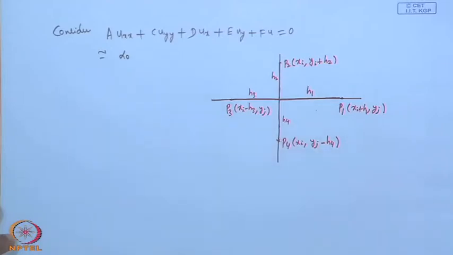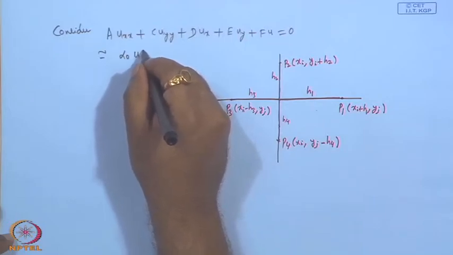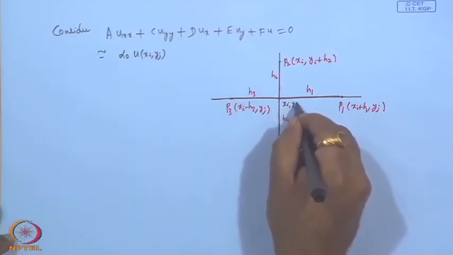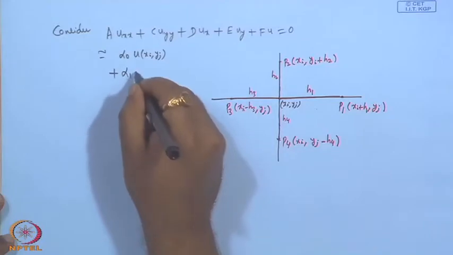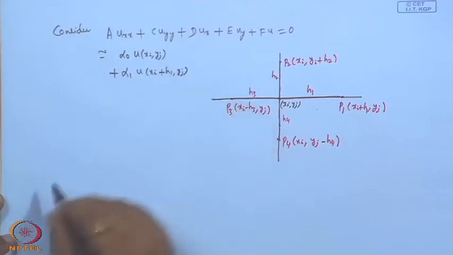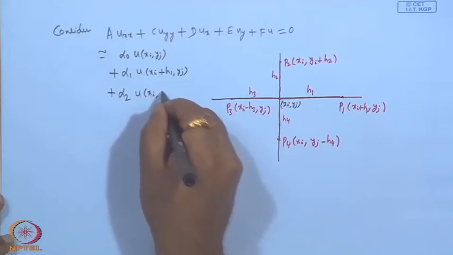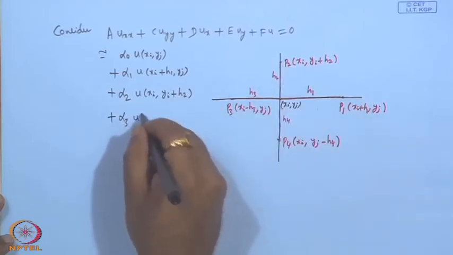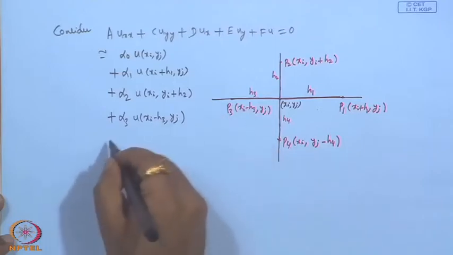Accordingly, this must be approximated by alpha 0 times the value at the point, then alpha 1 at P 1, alpha 2 at P 2, and so on for P 3.